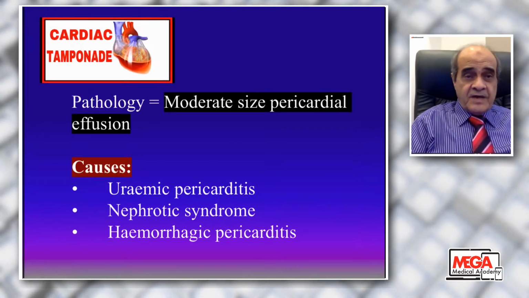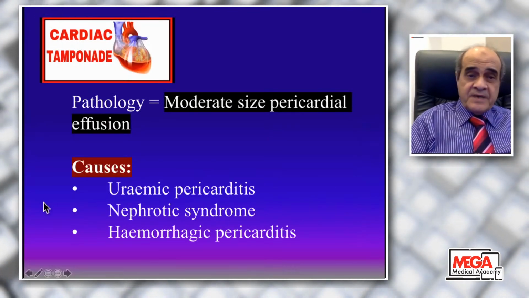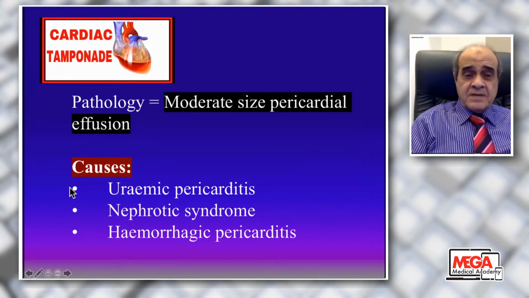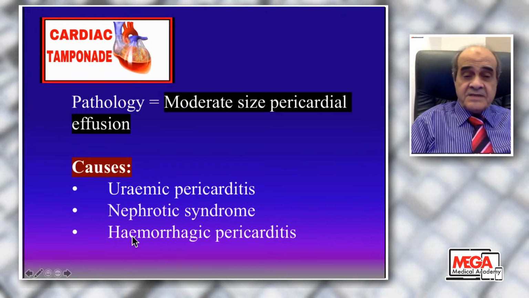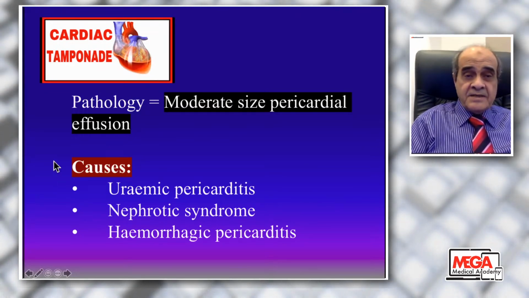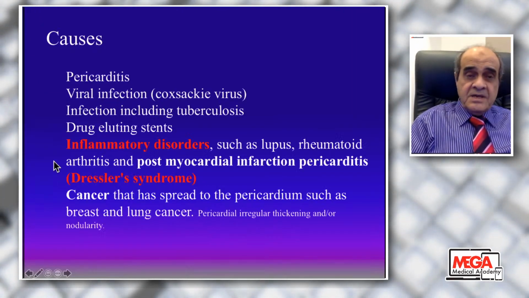So this is a case of cardiac tamponade with a moderate-size pericardial effusion, and there are many causes: uremic, nephrotic, and hemorrhagic pericarditis, especially in patients on antiplatelets before operations.